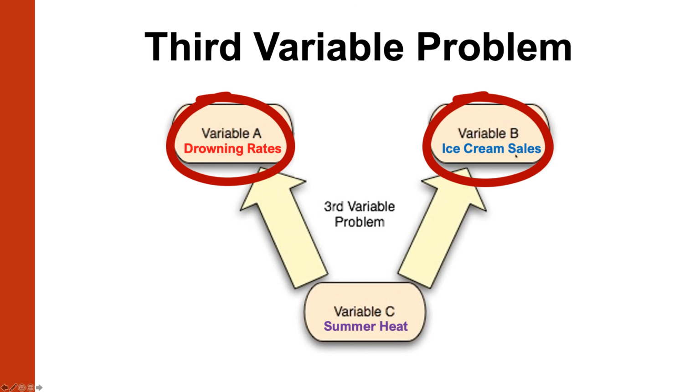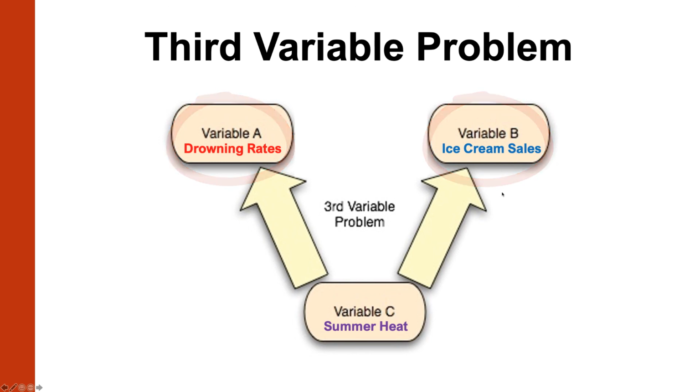So if you weren't looking at this third variable down below here, which is the fact that it's summer when they're measuring these two variables, you might think that you have a higher chance of drowning the more ice cream that is sold. But what's really going on is that there's a third variable, and that variable is the summertime or the summer heat. As it gets hotter outside, more people go swimming, and more people swimming leads to higher chances of somebody drowning.